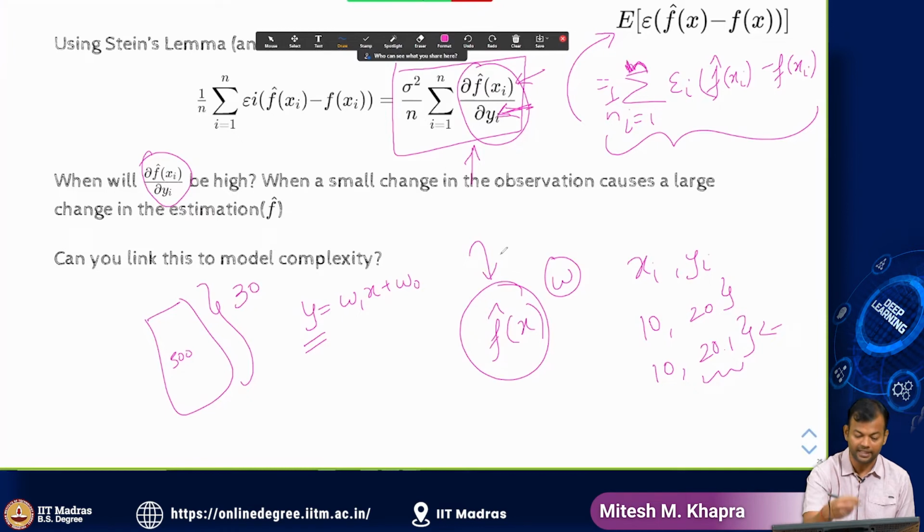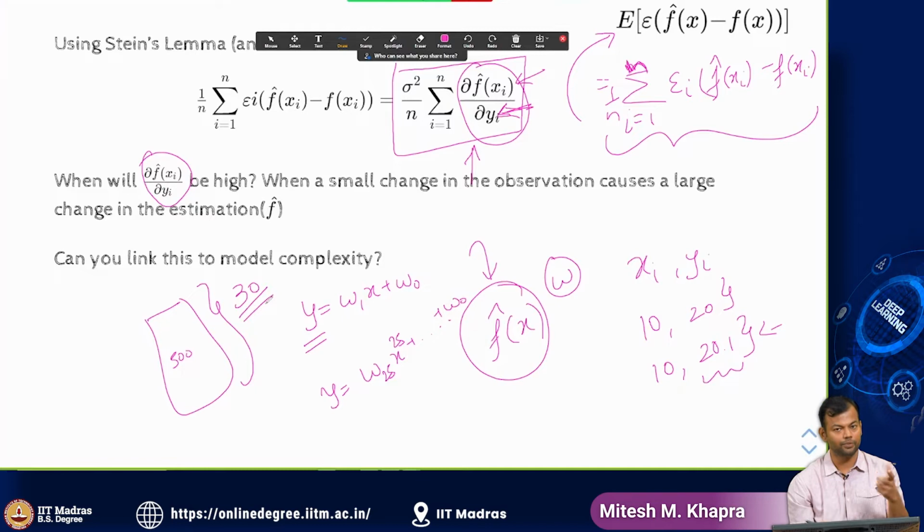But when we repeated the same experiment with a complex model, which was x raised to 25 all the way down to w naught, we saw that when we take these 30 different samples, which is the same as changing the training data, my estimation was changing a lot. So this quantity is going to be high for complex models as compared to simple models.